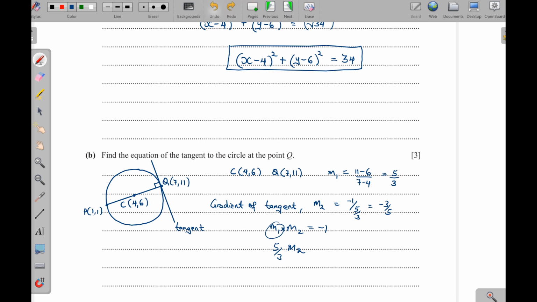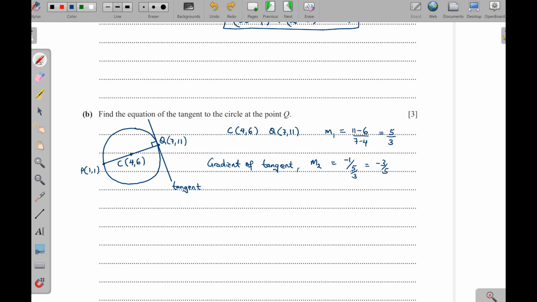You see that? Then to find the equation of a straight line, we must have two things. Number one, the gradient, which we have gotten. And then next, at least one point through which the line passes. And we have that point here, Q. So using the general equation of a straight line, y minus y1 equals m times (x minus x1), our x1 will be 7, and our y1 will be 11.